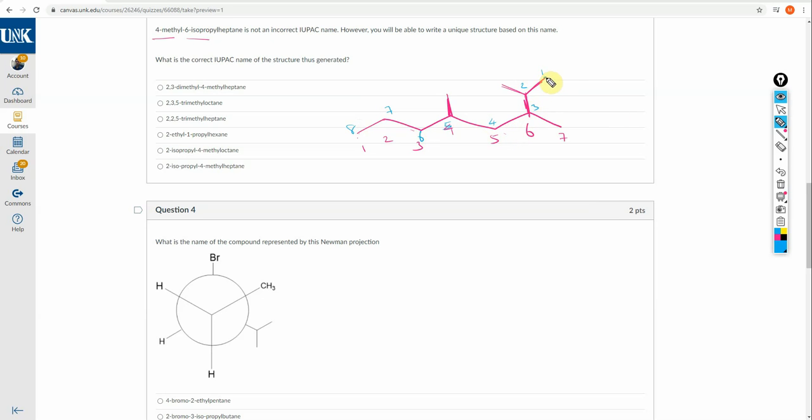Alright, so based on this, there is a methyl on the second position, the third position, and the fifth position. So this is going to be 2,3,5-trimethyl octane. That is going to be the name of that compound.